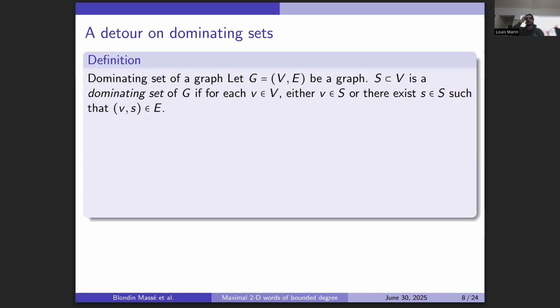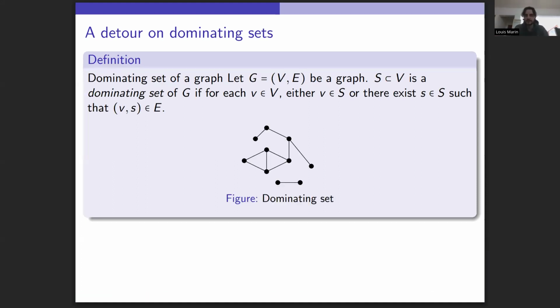All right, maybe I've given a bit of a spoiler already, but we will talk a bit about dominating sets, which will be important for the d equals 3 case. So what's a dominating set? Let's say we have a graph. We say that a subset of vertices is a dominating set if for each vertex in the graph, either the vertex is in the set or touches the set.